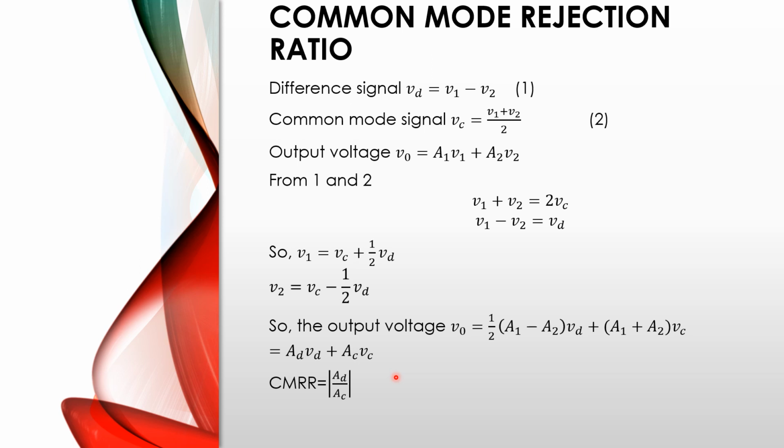And this is a significant feature of a differential connection: signals that are opposite at the inputs are highly amplified, whereas signals common to the two inputs are only slightly amplified. The overall operation is to amplify the difference signal while rejecting the common signal at the two inputs.